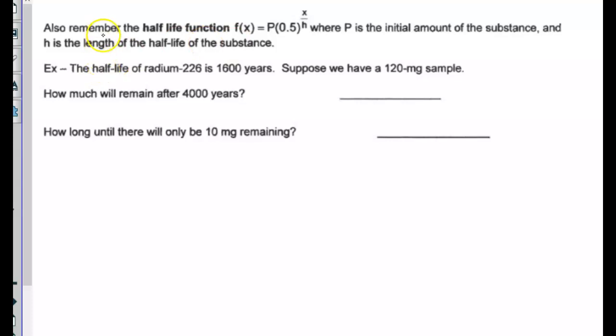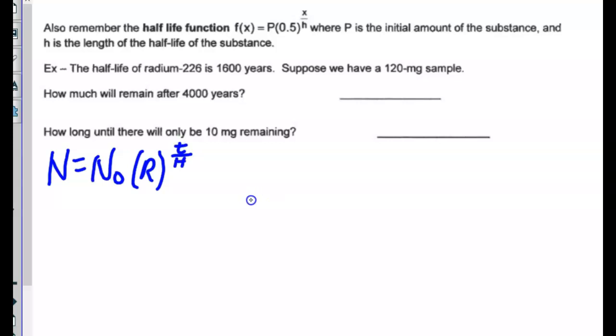It says there is a half-life formula. Now, it's not written exactly like this on your reference sheet. I think it looks like this. N equals N sub 0 times R to the T over H. Is that what it looks like on the reference sheet?